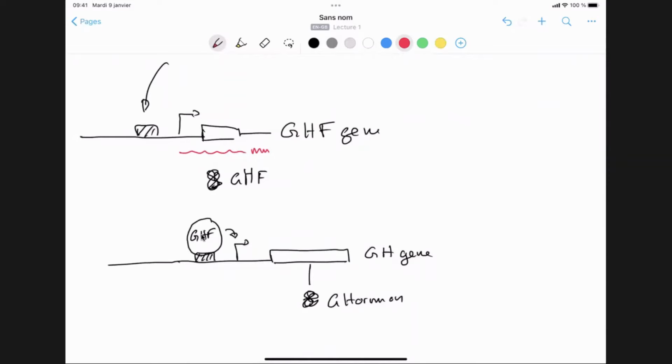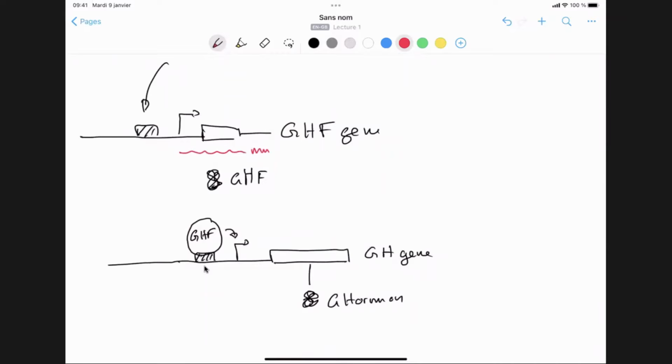Either it's because the GHF gene isn't working, it isn't transcribed, and therefore there's no binding of GHF to the promoter of the GH gene. Or another situation I could think of is that GHF is produced, the protein is produced, but it could not bind to the promoter of the GH gene, and therefore no growth hormone is produced. Okay, that's perfect.